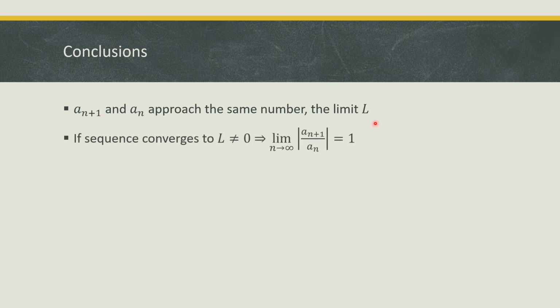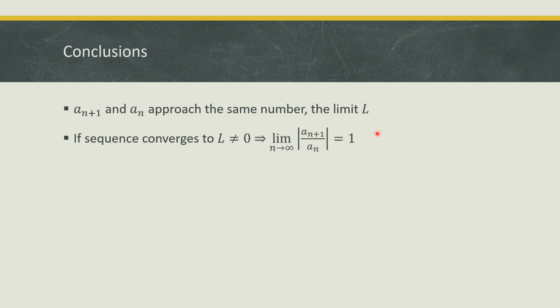Again, because we're approaching the same limit, we say that if the sequence converges to the limit L, and let's put the restriction that the limit is not equal to 0, then what we can say is that the limit of their ratio approaches 1.